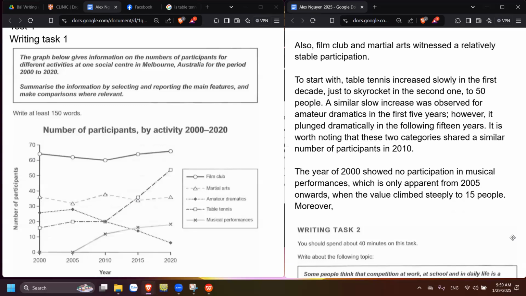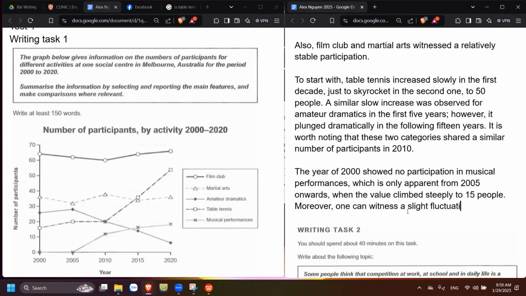Moreover, one can witness. One here means people, isn't it? But it sounds much more formal if we say "moreover, one can witness" instead of "moreover, people can witness," right? It's more formal if you do this. Yeah. Moreover, one can witness a slight, what word do I use?